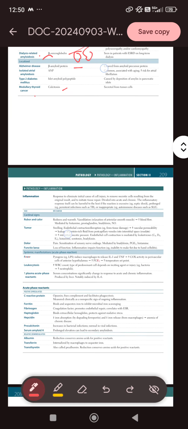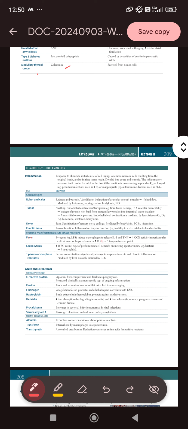Next we have in pathology inflammation. What is inflammation? Injury to the cell, and after that the response to it. Then there are the cardinal signs: rubor, calor, tumor, dolor, and functio laesa. Rubor and calor are the redness and the warmth.